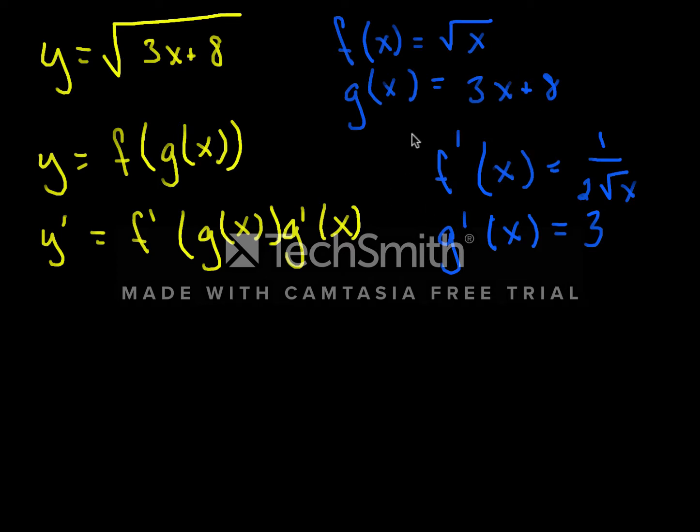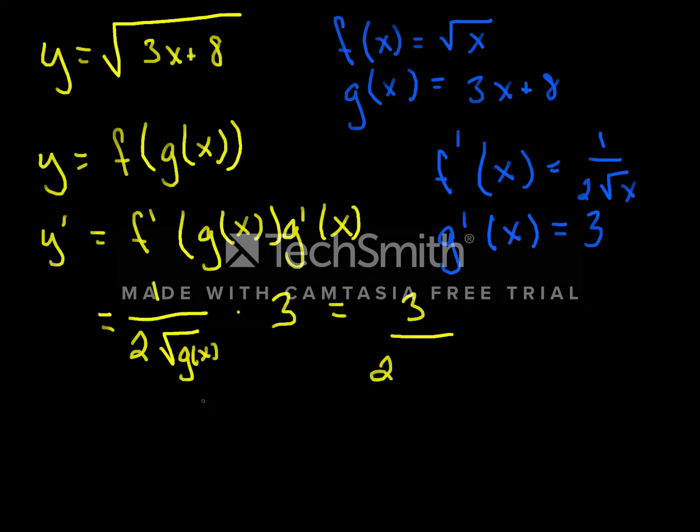So that's what f prime of x is, but we need f prime of g of x. So this is equal to 1 over 2 square root g of x times g prime, which is 3, which is 3 over 2, and then what is g of x? It is 3x plus 8. So there's our derivative, 3 over 2 square root of 3x plus 8.